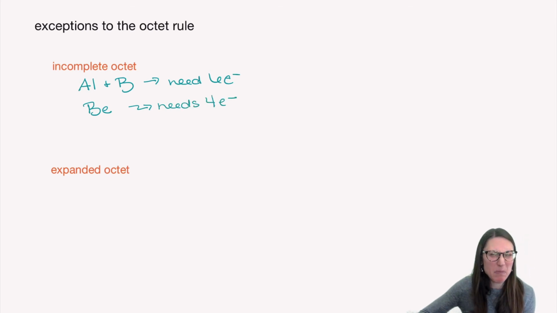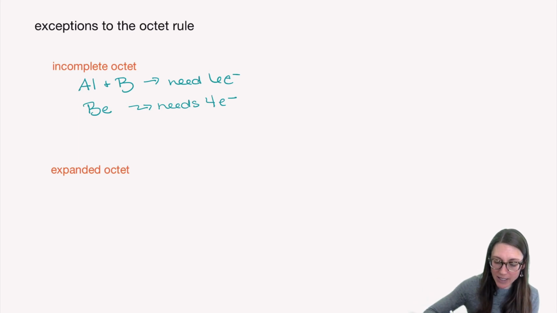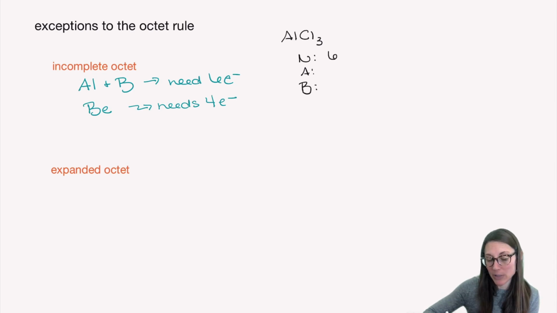So how does this impact you when you go to draw a Lewis structure? It means you're going to change the number of electrons in the needed count in that first piece. So if I take a look at aluminum trichloride, AlCl3, when I go to write my needed for my NAB, I'm going to put 6 as the number that aluminum needs.